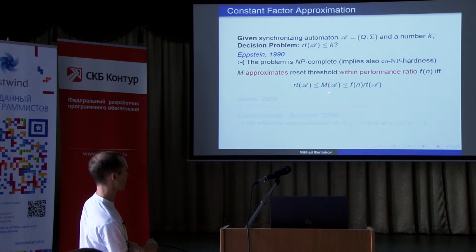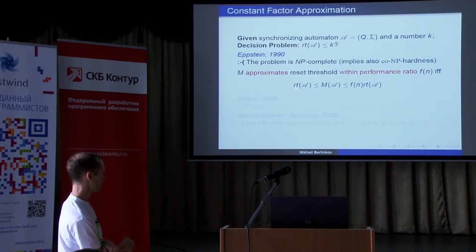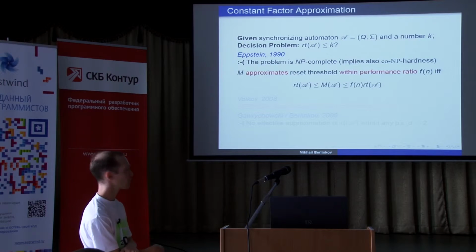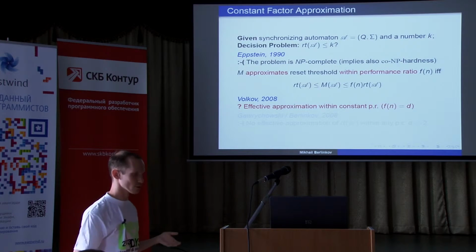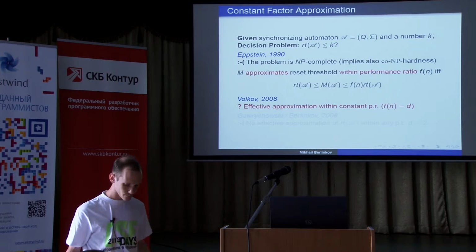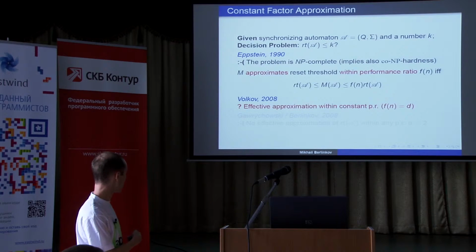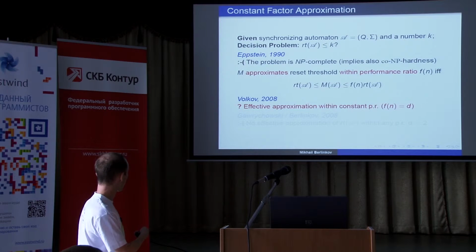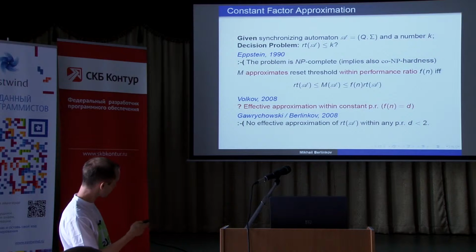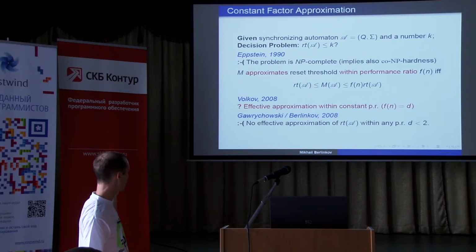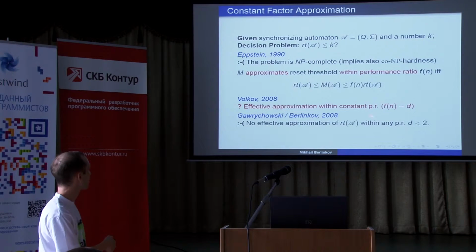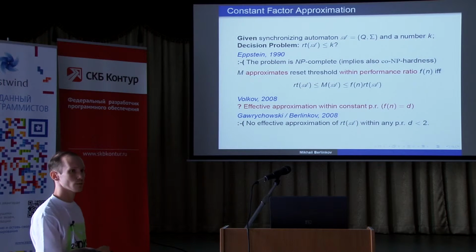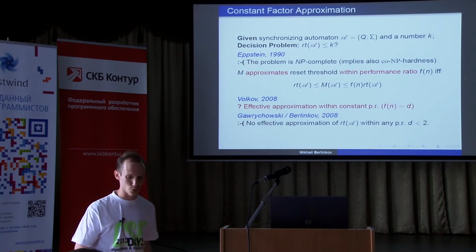That is, it always returns a value no less than the reset threshold and at most f of n times the reset threshold of A. The question about the existence of such an effective algorithm was raised in 2008 by Volkov, and the answer was found by myself and Gavrichowski independently in 2008 for factor less than 2 for automata with 2 input letters, which is quite important.